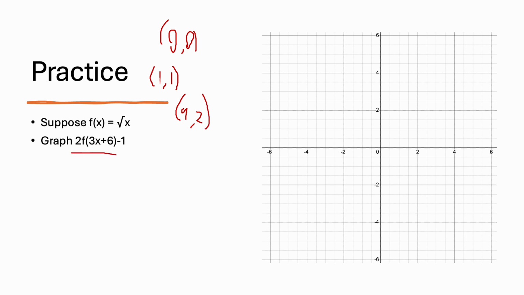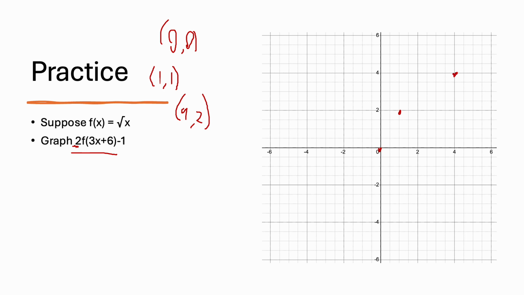Now let's say we have this absolute beast of a function. So let's just take this one step at a time. If we have 2 times f of x, we're going to multiply all the y values by 2. So that isn't going to change 0, 0, but that is going to make 1, 1 into 1, 2, and that is going to make 4, 2 into 4, 4. So we have that.